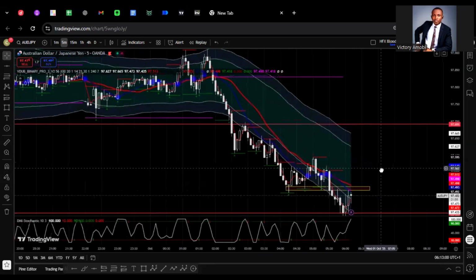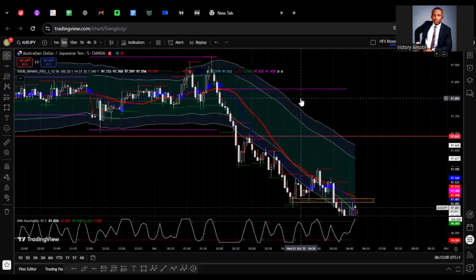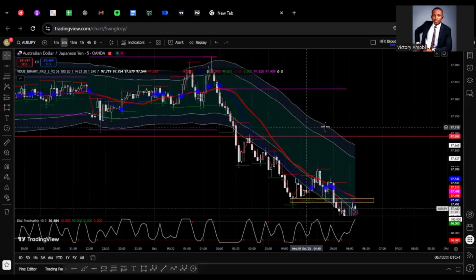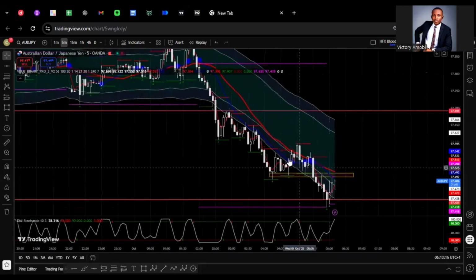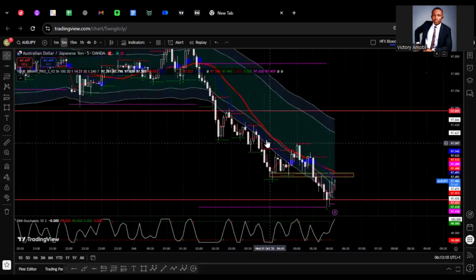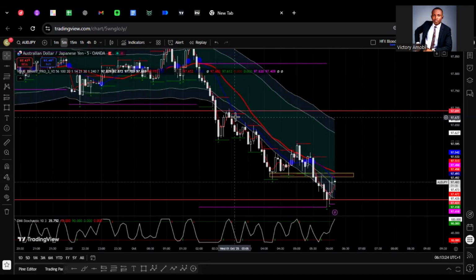Now, another thing to know is that this EMA, if the market is above this EMA, you're looking out for buy opportunities. Now, the market, this is a downtrend. And what's the market showing you here is below the EMA. In fact, it's also using the Bollinger Band as a resistance.